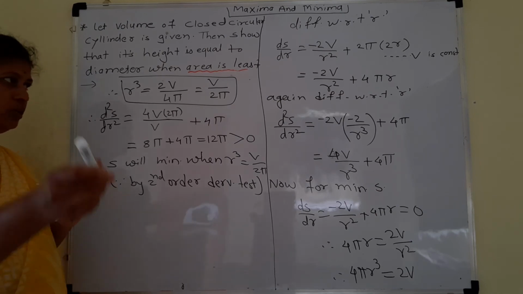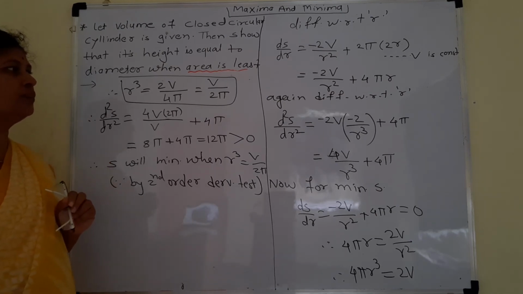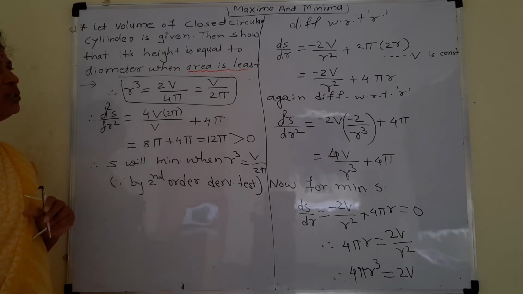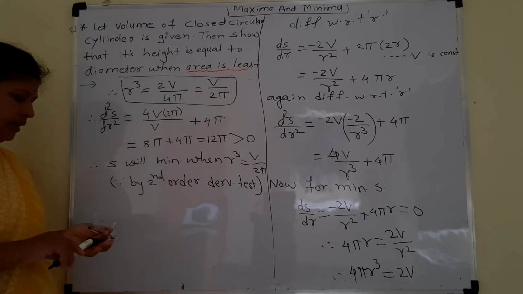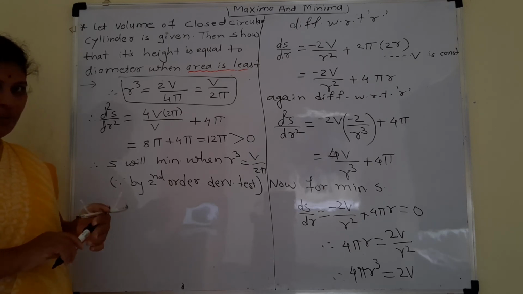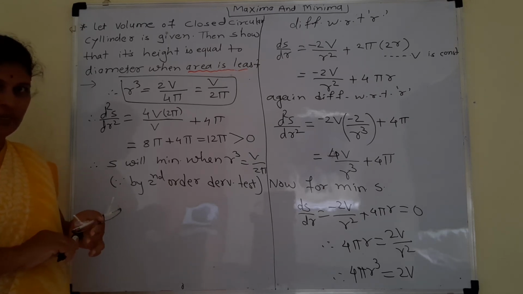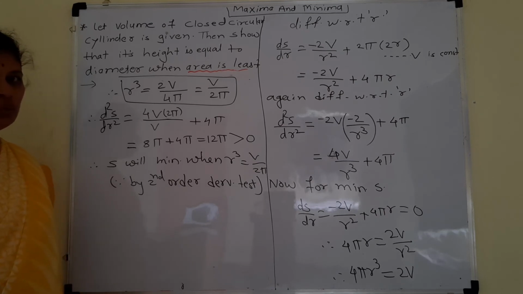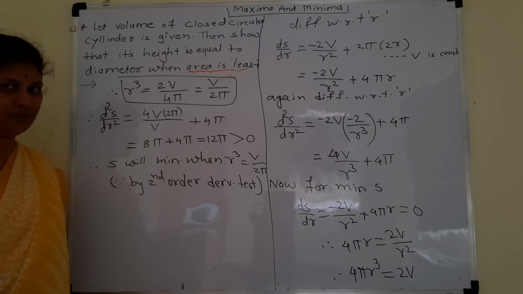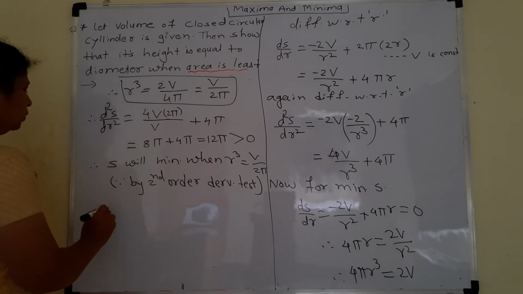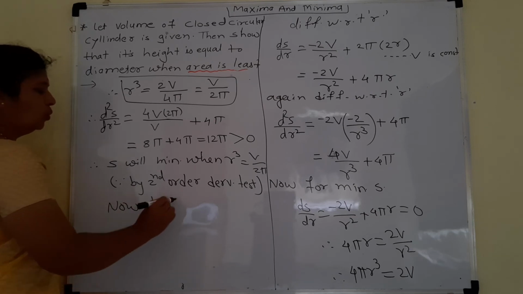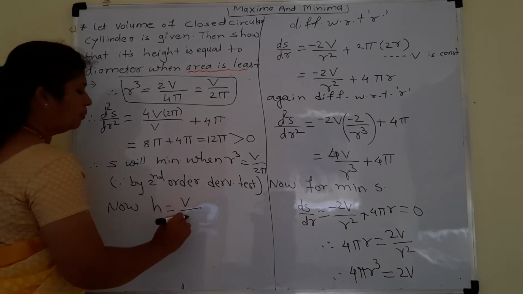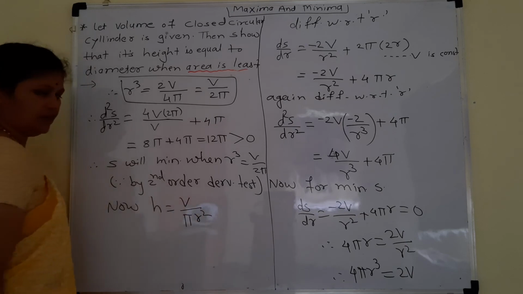What relation did we get between h and r, see. What was the relation between h and r? V is equal to pi r square h, right? So h is equal to v upon pi r square, right? So now h is equal to v upon pi r square.